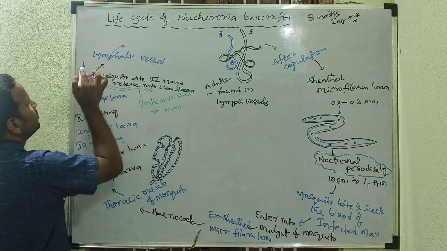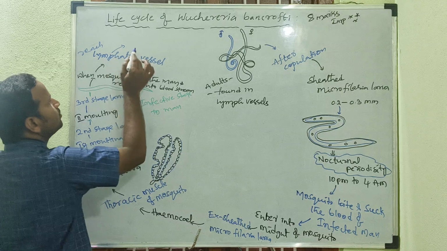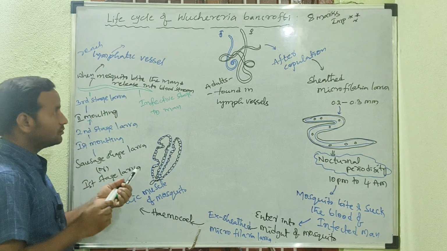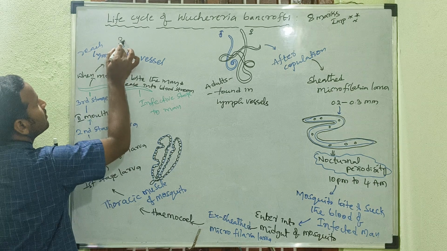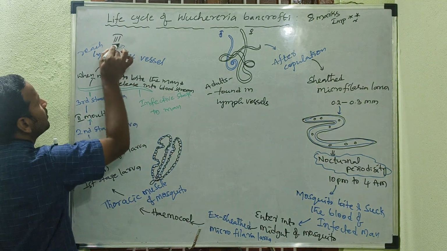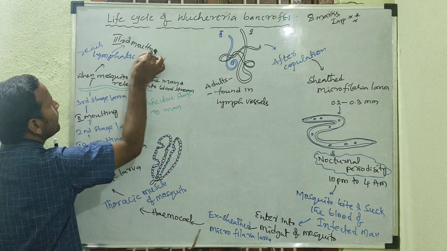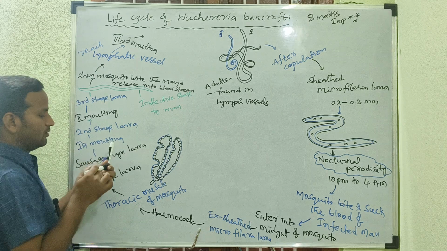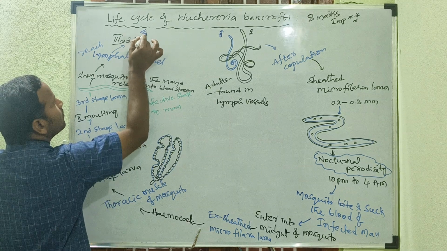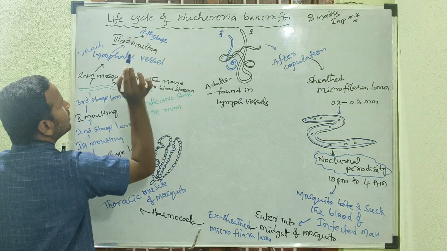When they reach the lymphatic vessels, in the lymphatic vessel it undergoes third molting. Fourth stage larva.